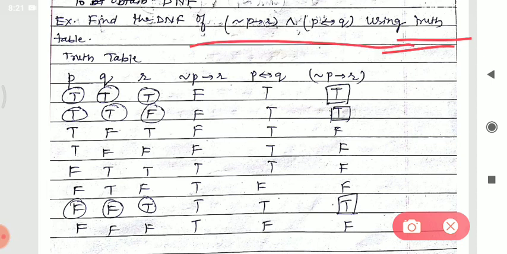So what we have done, we have made a truth table for this. You know how to make a truth table. Now you can see in the truth table what we are doing.